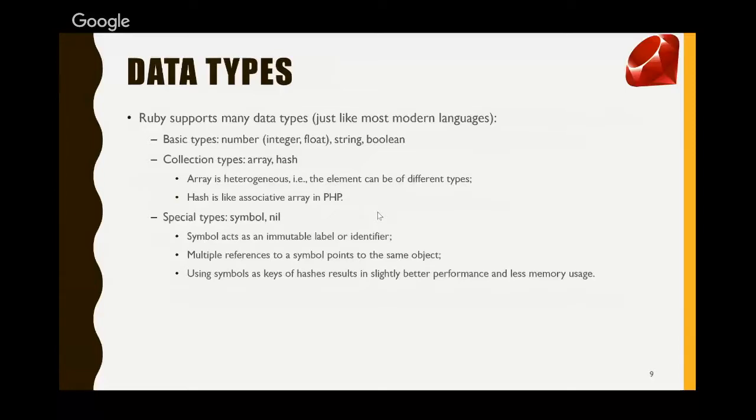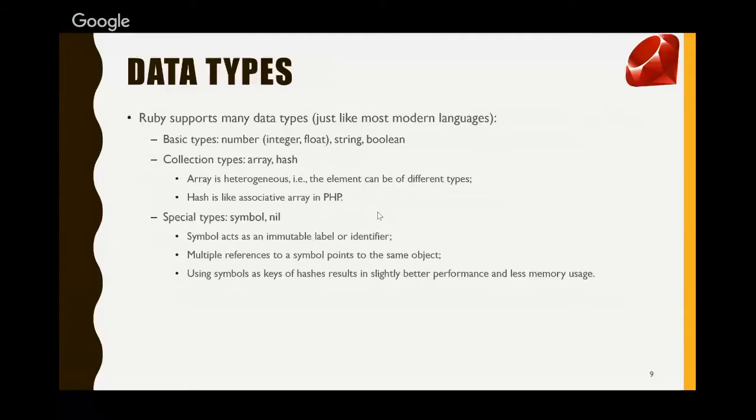So data types. Ruby supports most of them, and the data types are still the same as in other languages. You have the basic types like numbers, integer, float, string, or booleans, and collection types like array and hash. Just now we said that in PHP there are two kinds of arrays.